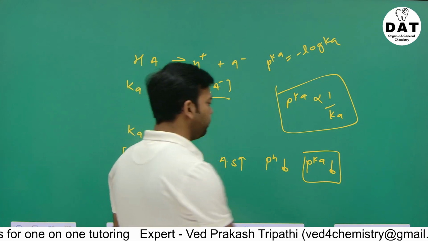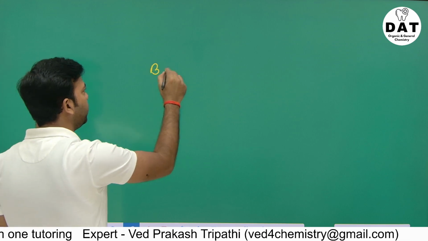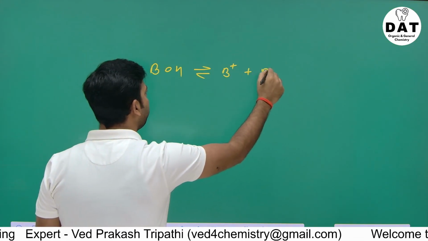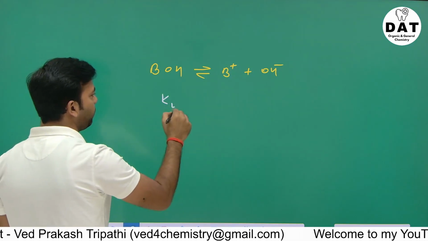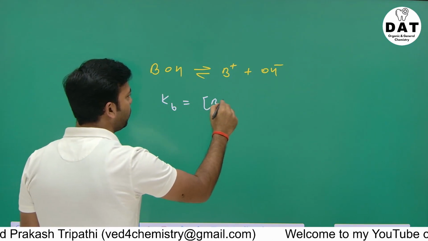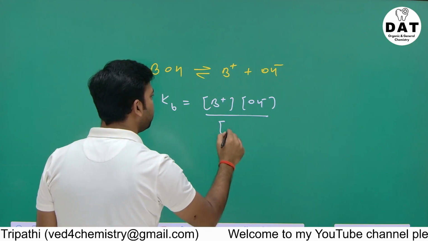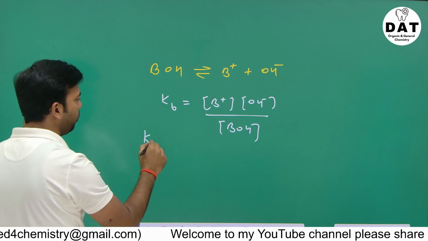Now the next is base. Suppose you have a BOH, any hypothetical base, it dissociates to give you B plus and OH minus. And if you are going to write down the Kb for this, it is a concentration of B plus and OH ion divided by BOH. So from here it is very clear Kb is directly proportional to OH ion.